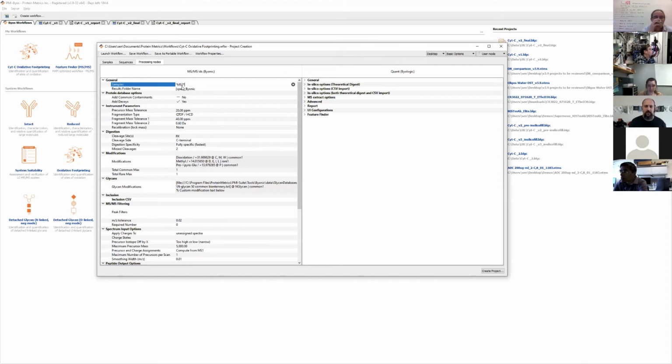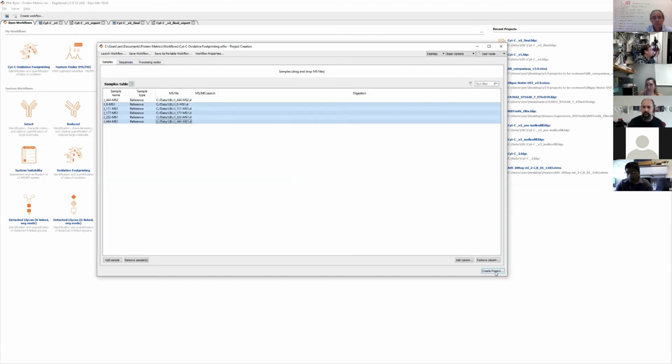Anything that matches that is going to be included in the search. And in the Byologic node, we have a complete wildcard, which means all of those data files will be in the final project. And that's pretty much it. That's all you have to do here. You fire up the workflow we provided, you bring the raw data files, and then we create the project. That's it.